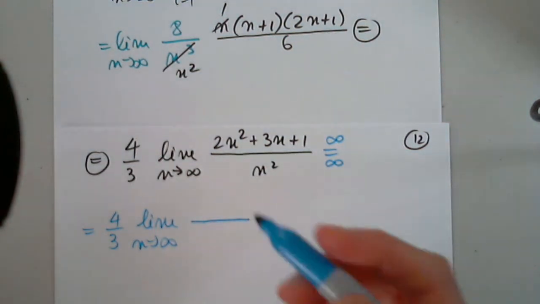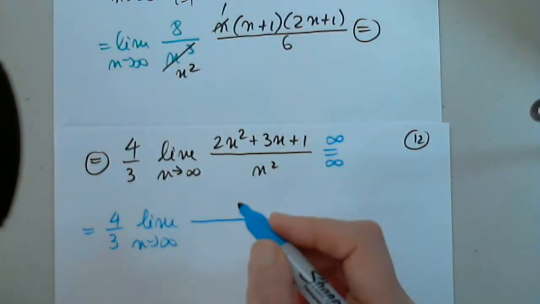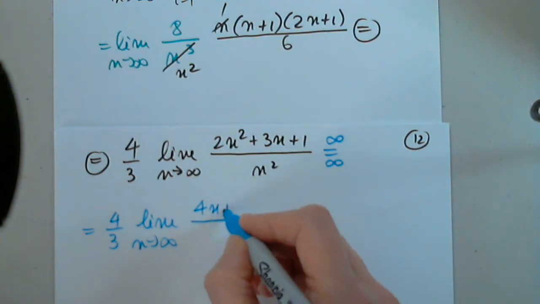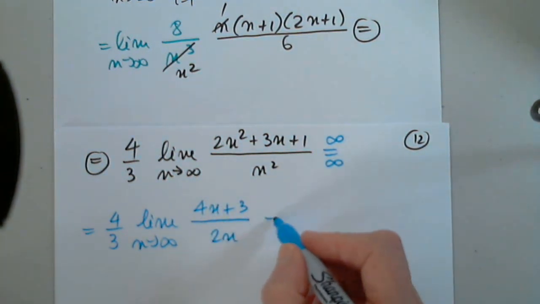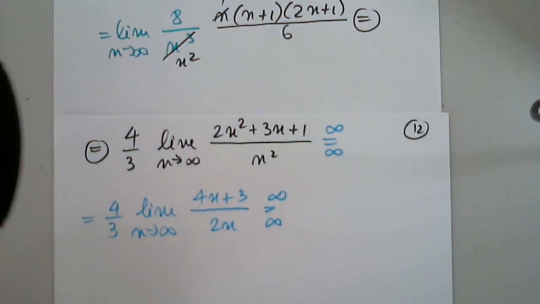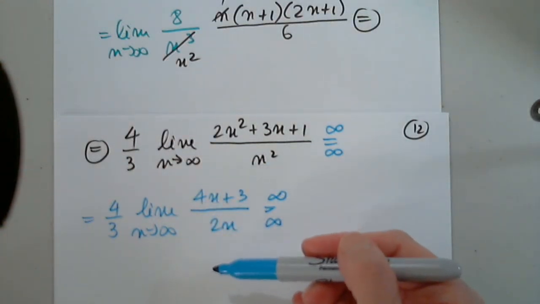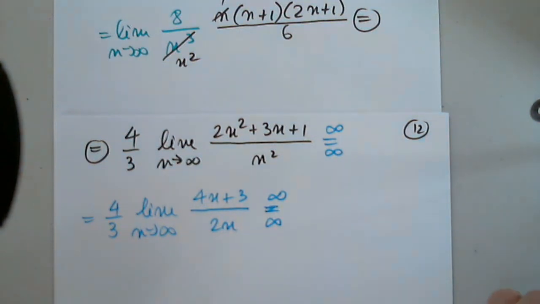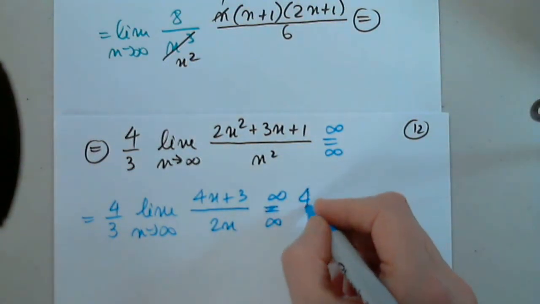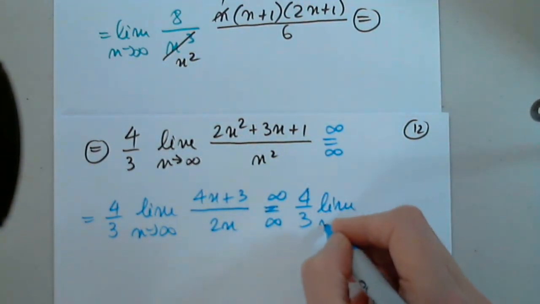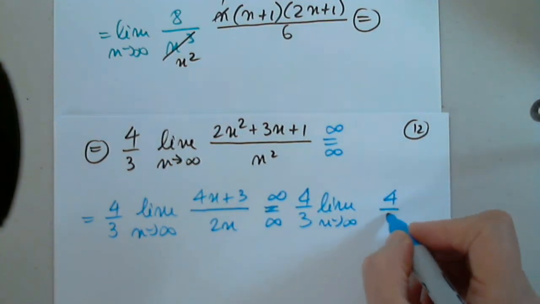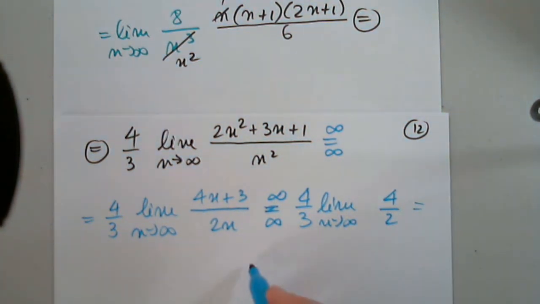Wouldn't that be L'Hopital's rule? Excellent. Very good. Still infinity over infinity. When I differentiate it, I get 4 over 2. Would you agree? Let's do it again. So this is 8 over 3. And this is the exact.